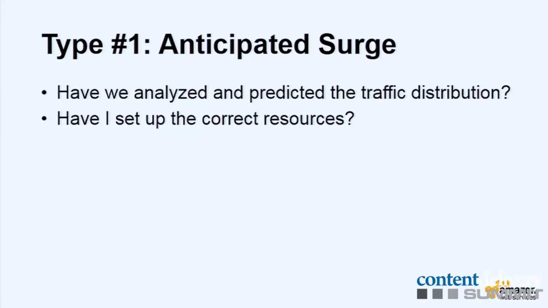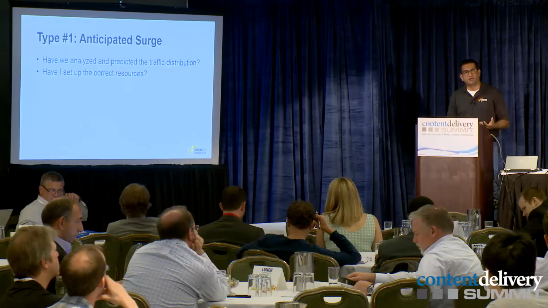Let's take a quick look at the different types of events that can cause a large traffic spike. The first one is the types of events that you can predict. These are the anticipated events. Could be a product launch, could be a marketing campaign that you're about to run. So the questions that you want to ask there are, have you analyzed and predicted the traffic distribution and the traffic pattern for that event?